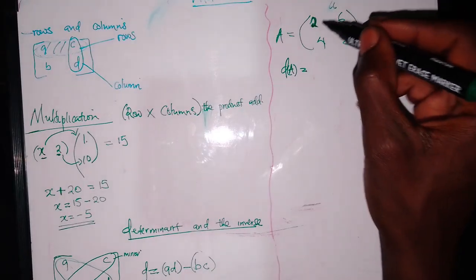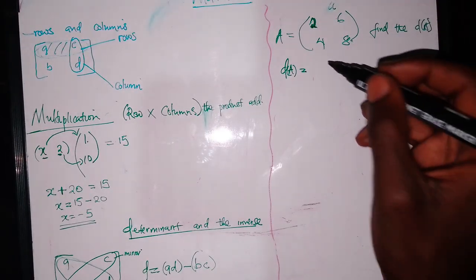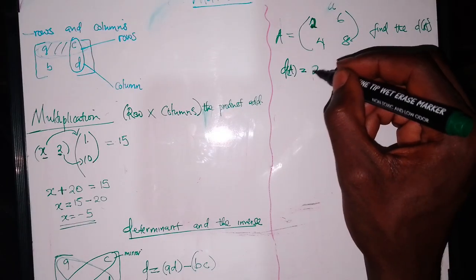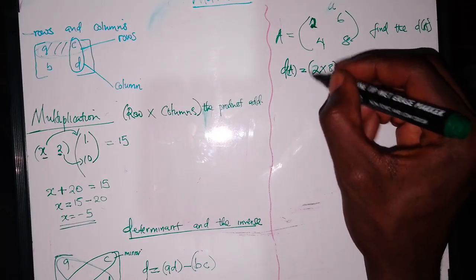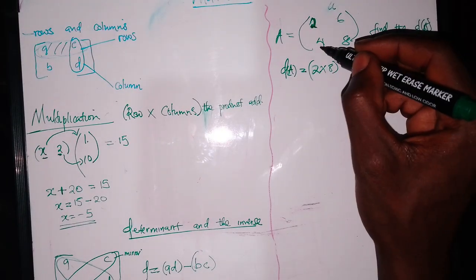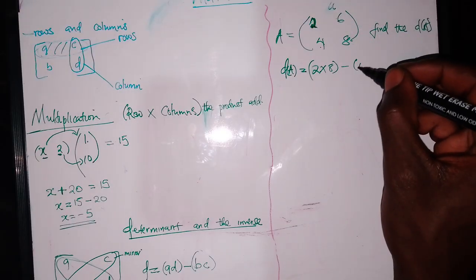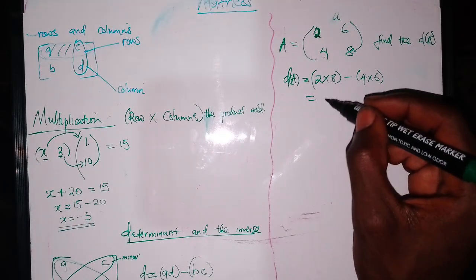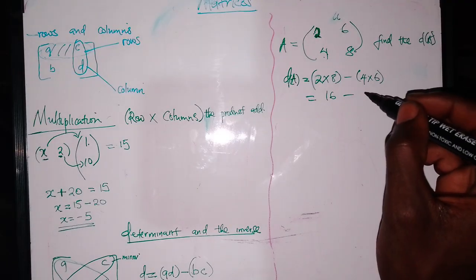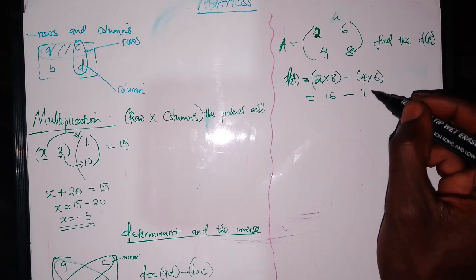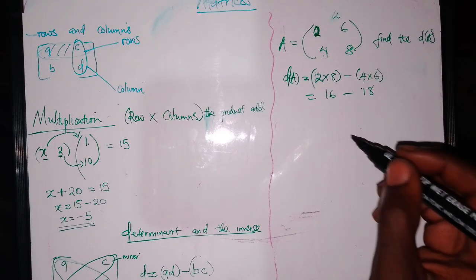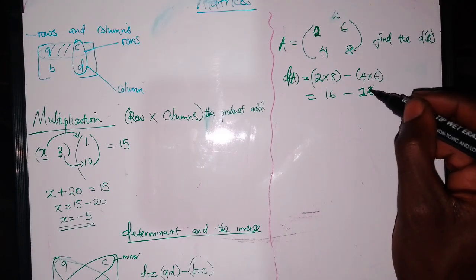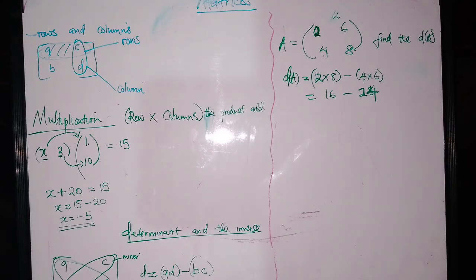So we say 2 times 8 minus 4 times 6. Here we have 16 minus 24.